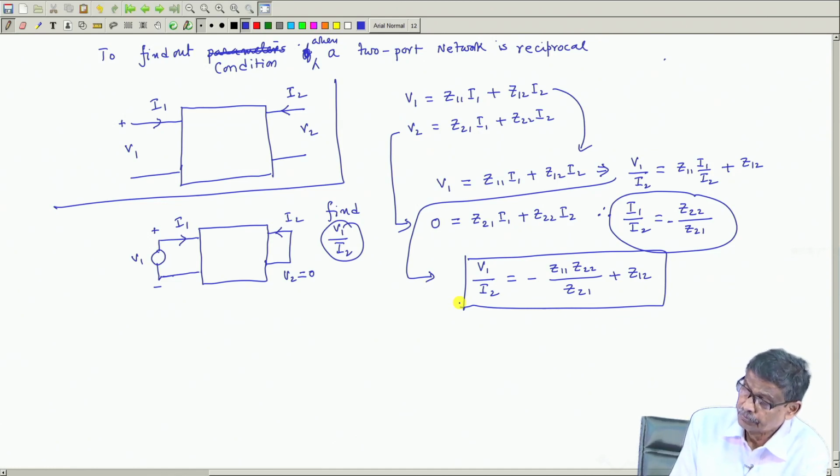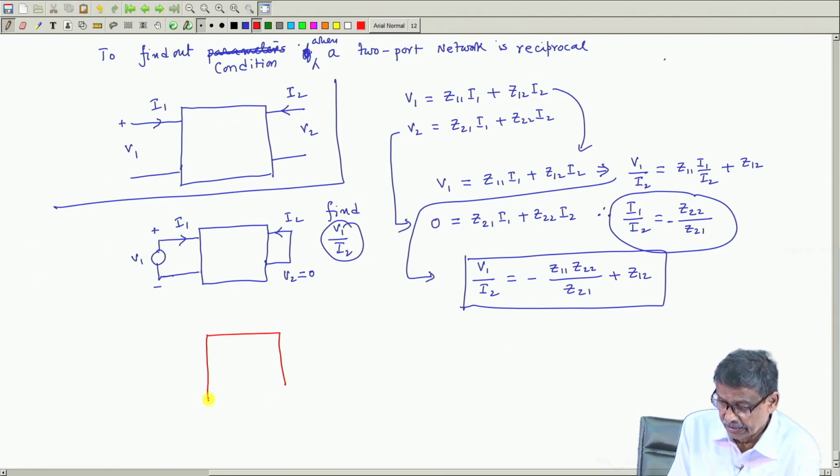Then I have to go to the other situation. If we claim this network is reciprocal, I will excite this port with a voltage V 2, this current is I 2, and this port I will short, and this current is I 1.